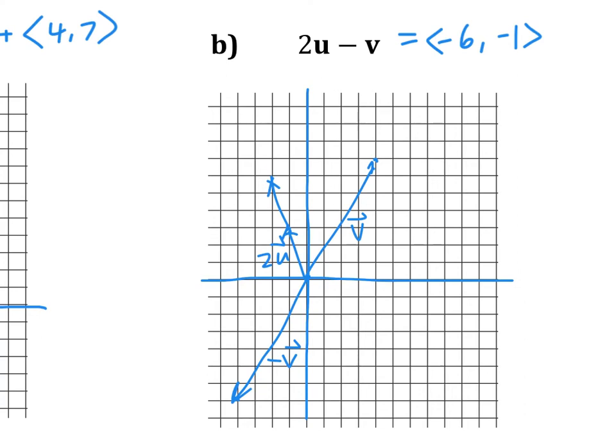I can't really move this, so I'm going to try my best to draw this correctly. So this is 4, 7. Okay, so the resultant vector is from the tail of the first one to the head of the second one. So that should be pointing towards negative 6, negative 1, if you did it correctly.